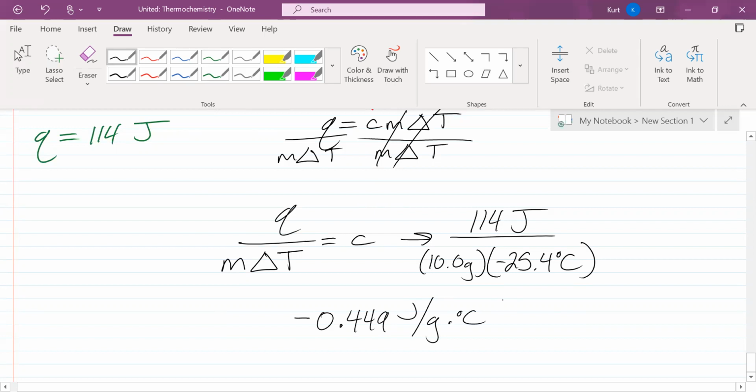Would it be negative 114 on top to make the specific heat positive? Yeah. How would specific heat be negative? Yeah, you're right. Let me get that. Yep, 0.449.